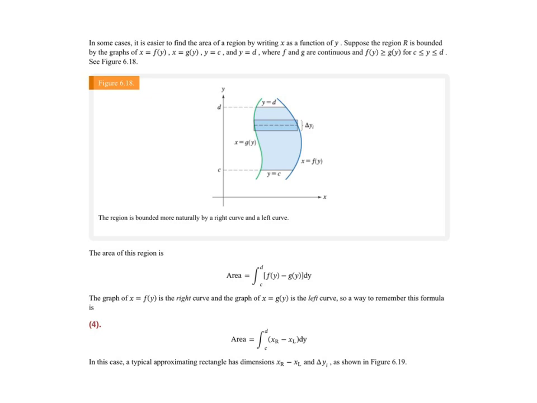This is so cool because sometimes it's easier to measure area from left to right than it is from bottom to top. If it's not clear what's the bottom of this function or where I should integrate, sometimes it's just real hazy. And so if you flip them, you can still find the area, right?